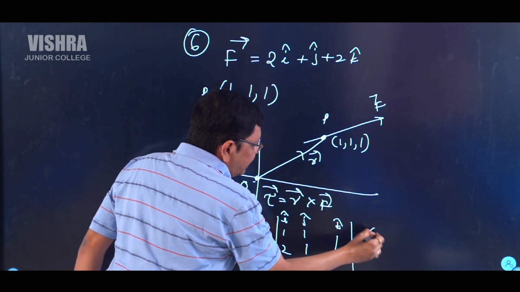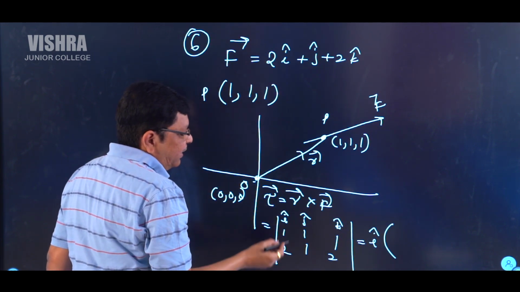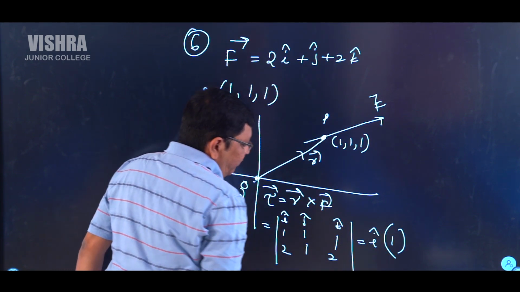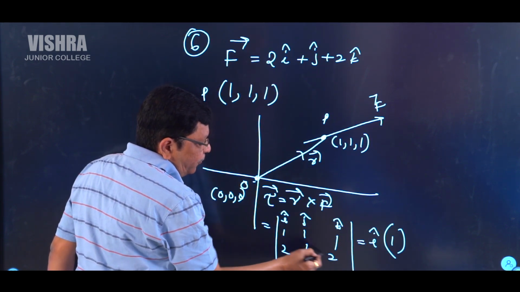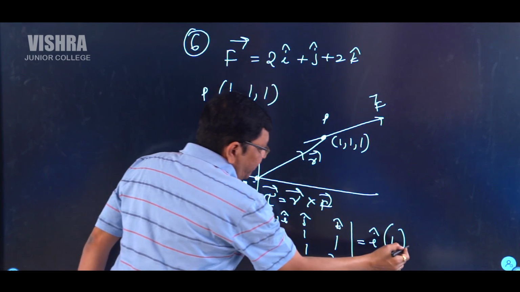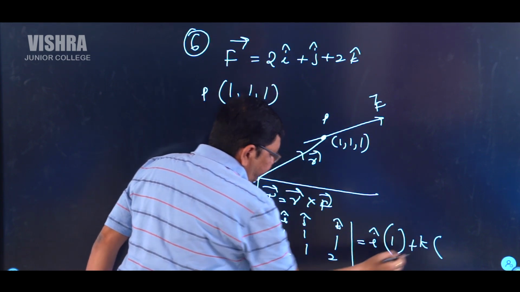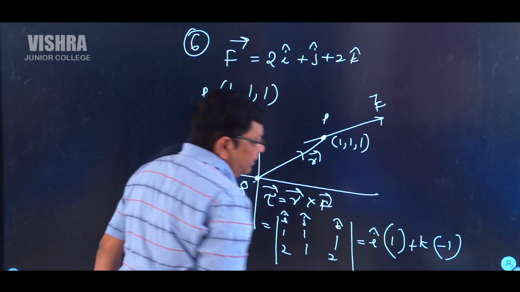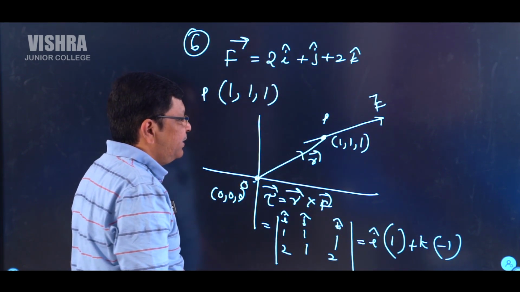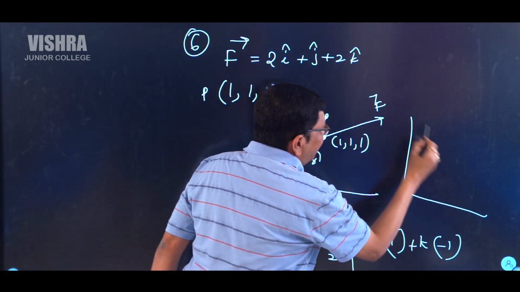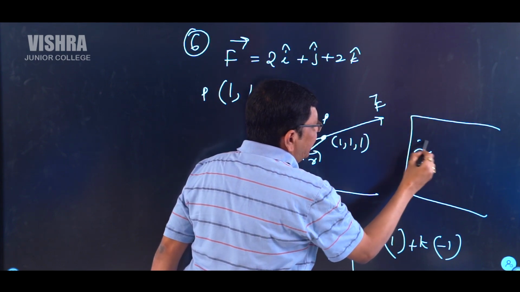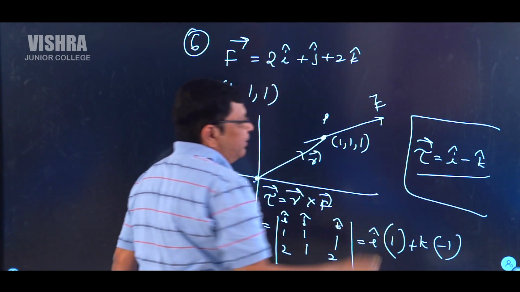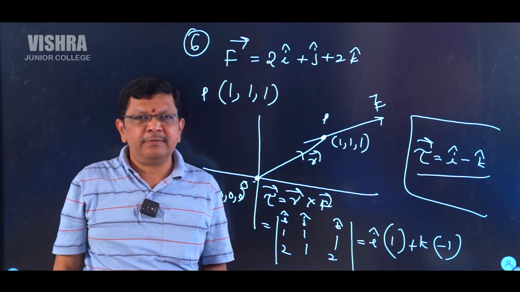If I take this cross product, we will get i cap into (2 minus 1), that is 1, minus j cap into (2 minus 2), 0, plus k cap into (1 minus 2), minus 1. That is i minus k cap, the torque acting on the point. So about the origin, the torque is i cap minus k cap. A simple answer for this question.